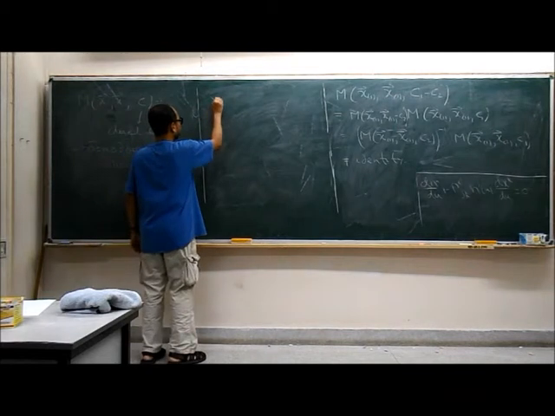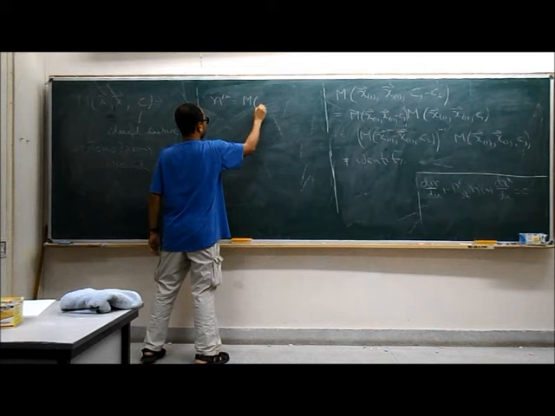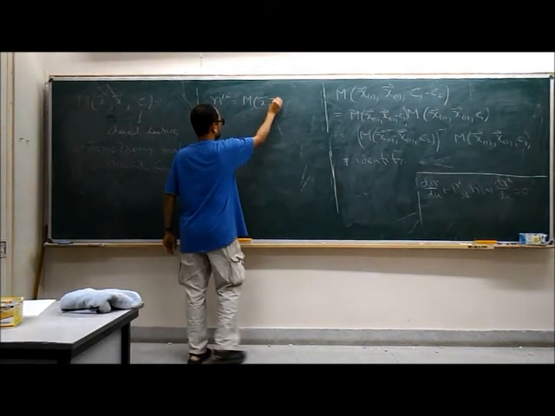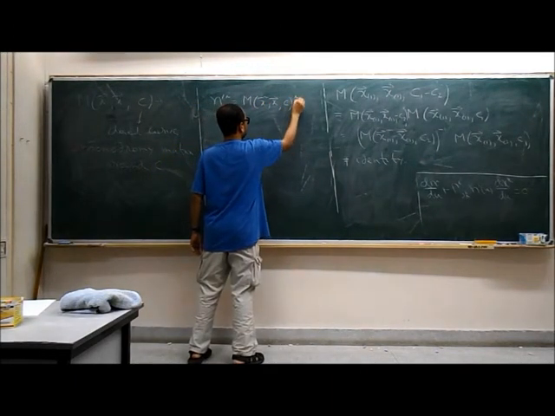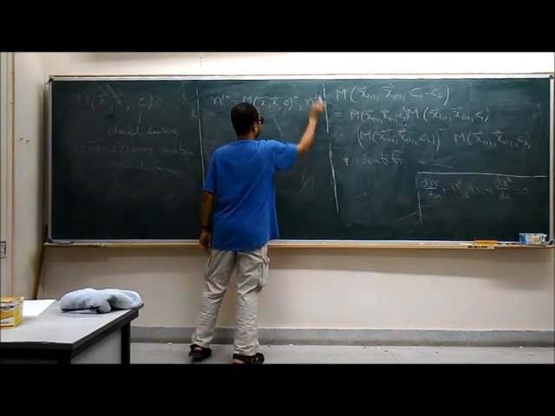So, in general, I can write n prime i as M(x, x, C) i j n j.